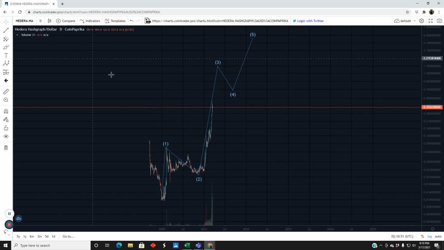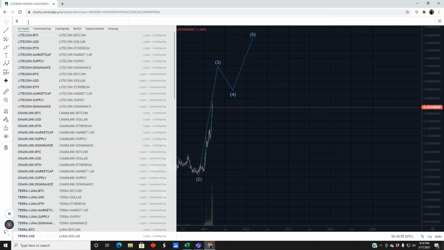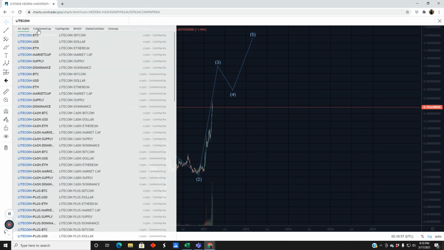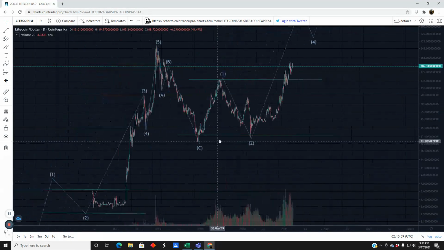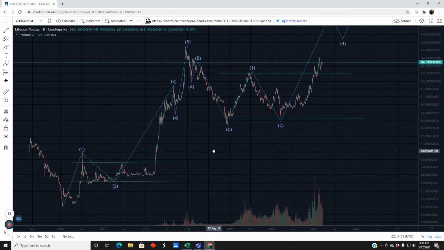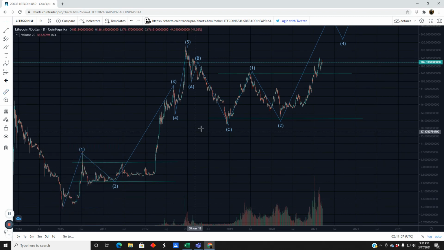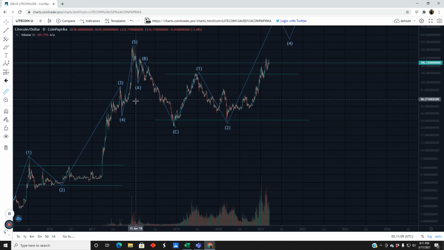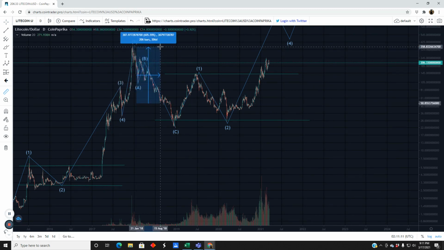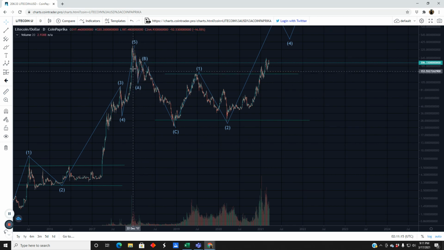You can even go back to Litecoin. So the percentage gain was, what was that again? 650%. Oh, look at that, 628%. So wave 5 is the same as wave 1.